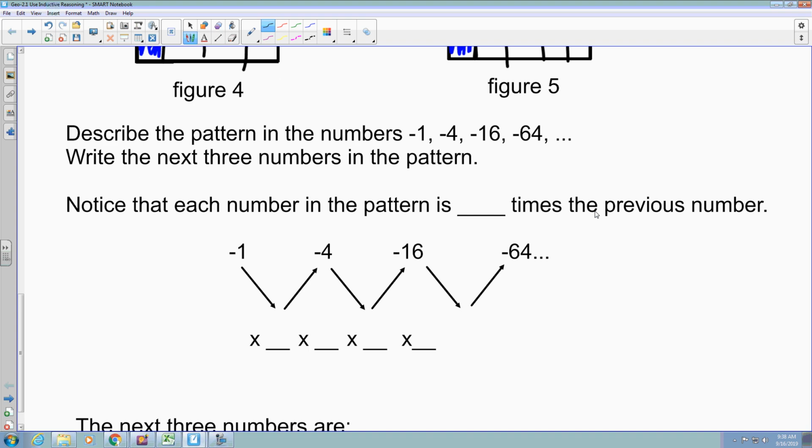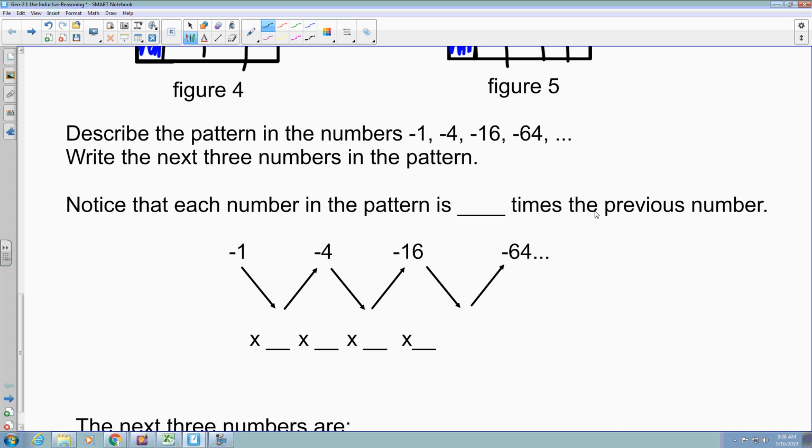Here, we're asked to describe the pattern of -1, -4, -16, and -64. And they're also asking us to write the next three numbers in the pattern. So, anytime you have numbers and patterns, a lot of times you look at each individual section.